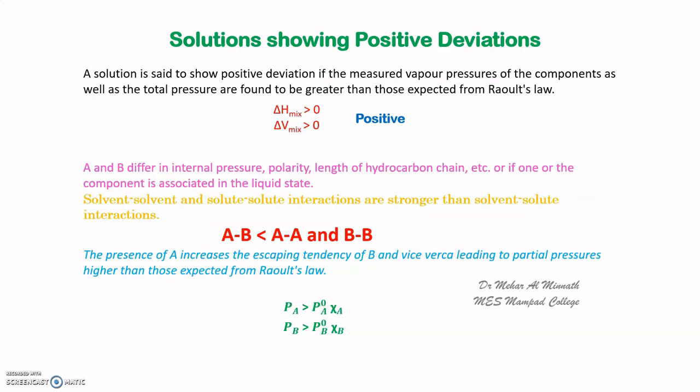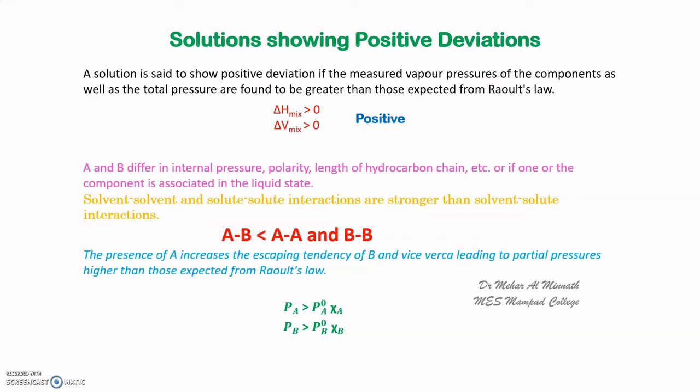Similarly for B also. But when you mix A and B together, and if their intermolecular force of attraction is less compared to the force between the molecules, not intramolecular, I'm sorry, between AA and BB, then the escaping tendency of A also increases and the escaping tendency of B also increases.